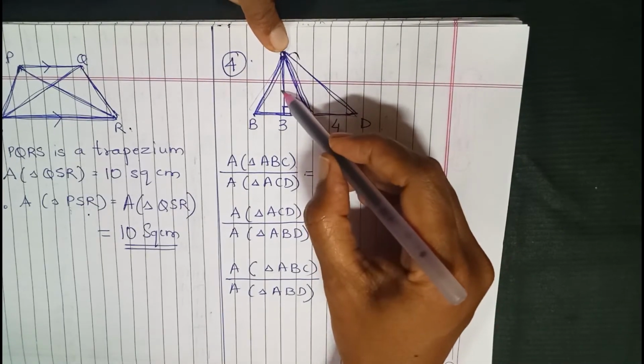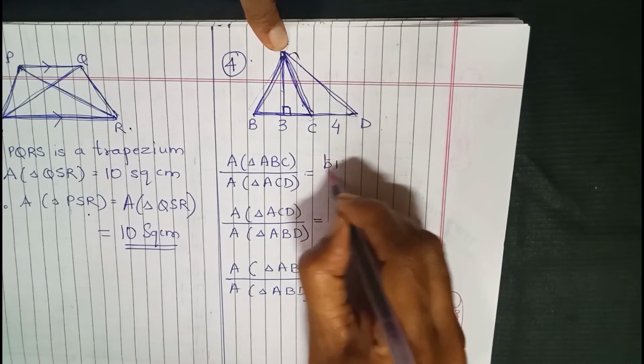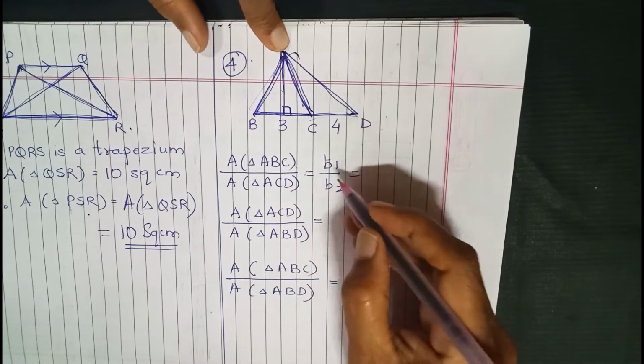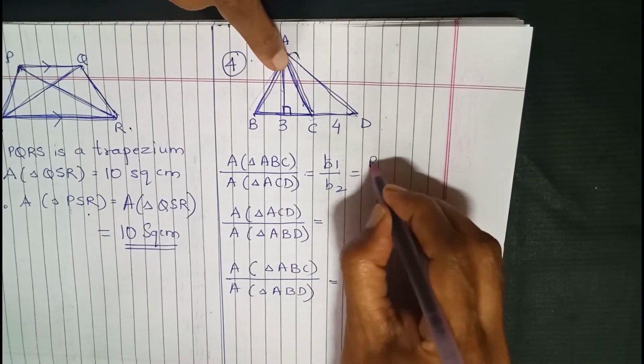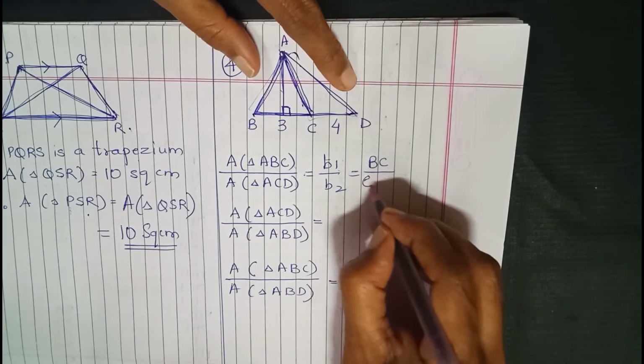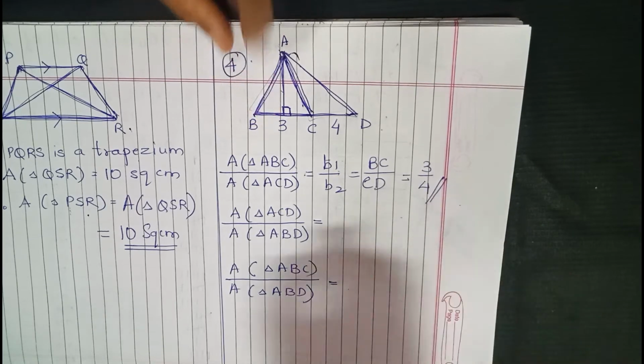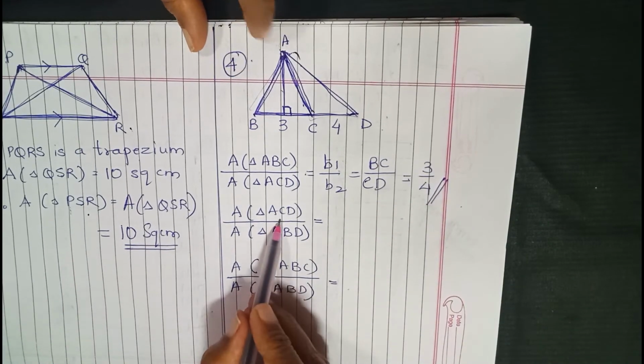That means I will not be able to use H1 upon H2 because they are equal. So I will be using B1 upon B2. What is the B1 for triangle ABC? It is BC. What is B2? That is base of triangle ACD, which is CD. The value is given, 3 upon 4. This becomes the answer. Now let's go to the next one.